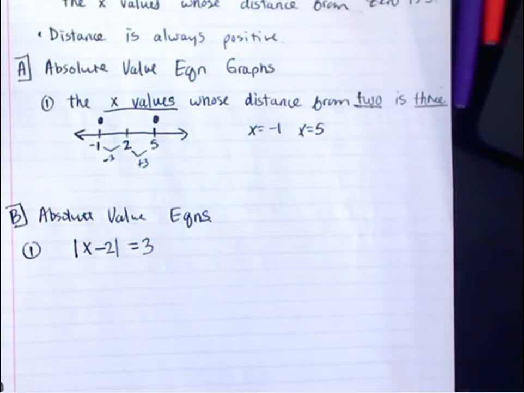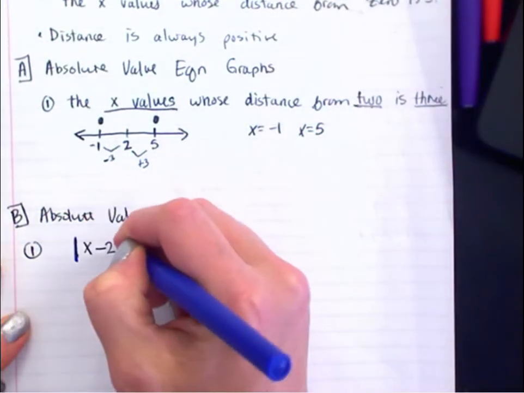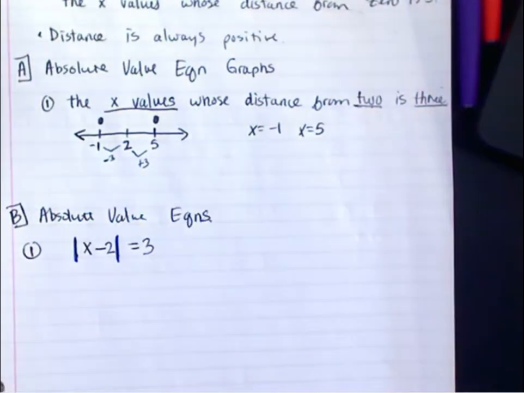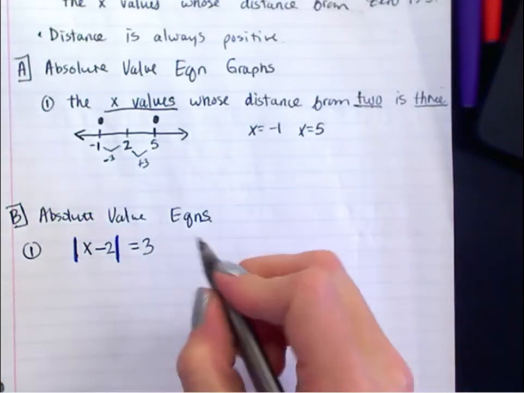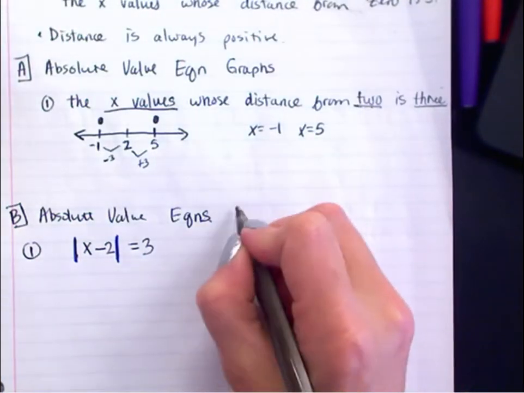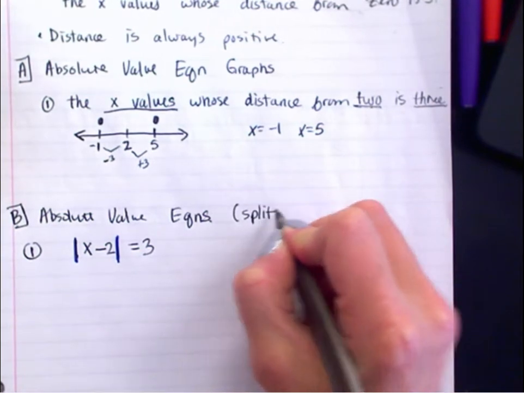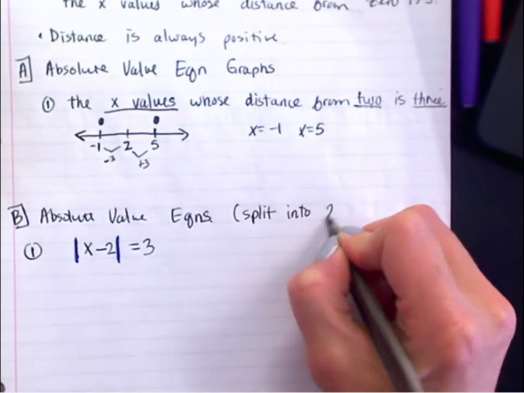Absolute value bars are distance. The distance is 3, but really, I have a positive 3 distance and a negative 3 direction, and so this is going to split into two equations.